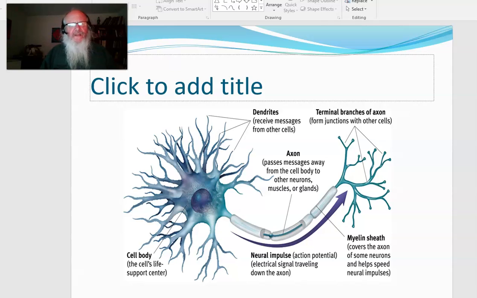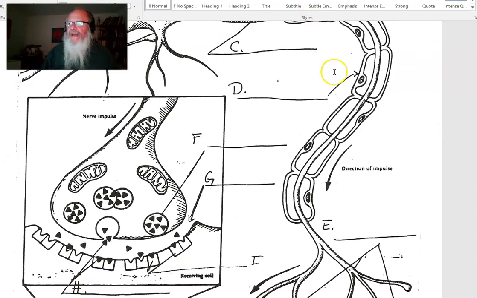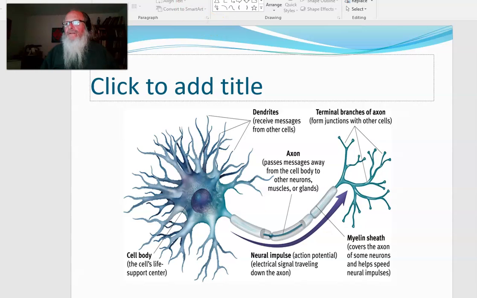In this presentation, we will be going over the individual parts of the neuron and what they do. So if you have printed out this handout and want to make notes, or if you just want to refer back to this slide, which is the same information in a slightly different visual format, you can do that.